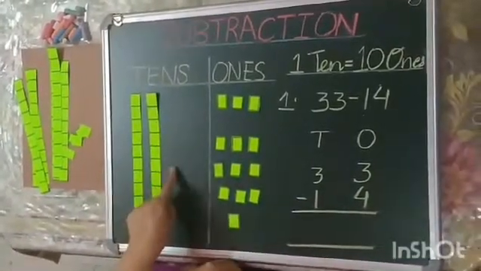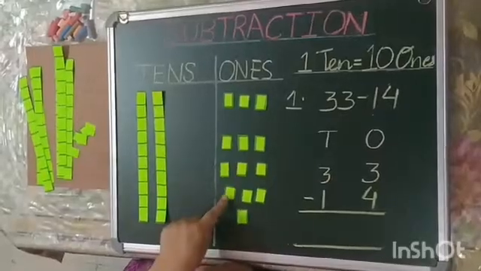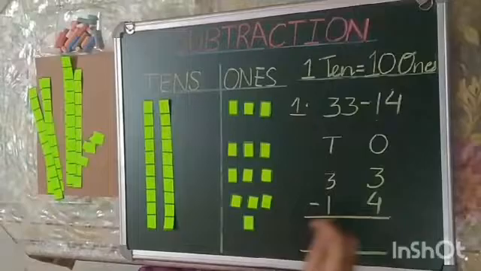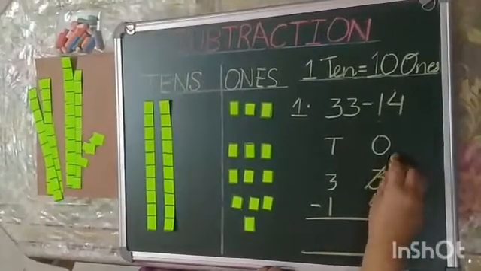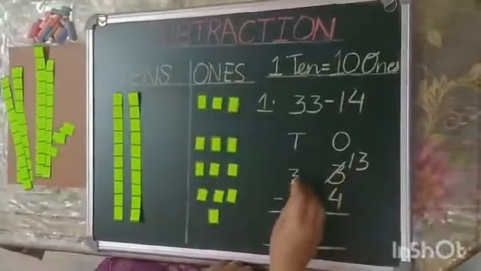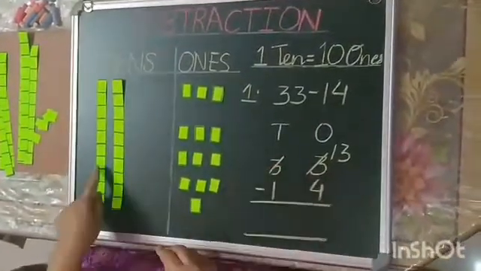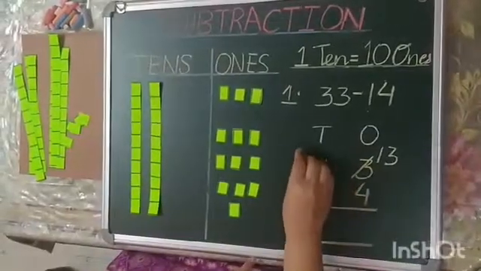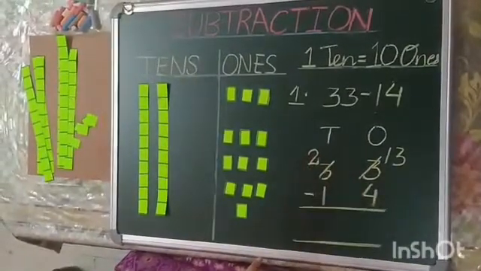I replaced 1 ten with 10 ones. Now how many do I have here? I have 13. So this 3 will be written as 13. And this 3, now how many tens do we have here? We have 2 tens. So this 3 will become 2.